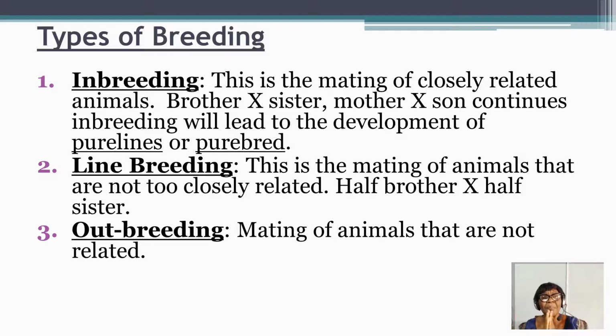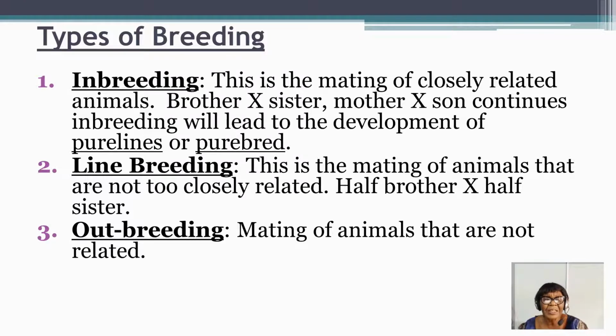Then when you mate them, the offspring they will produce will be a pure breed, pure line. So you are concentrating those traits that they have in animals. We don't do that in human beings. It's a sacrilege in human beings.